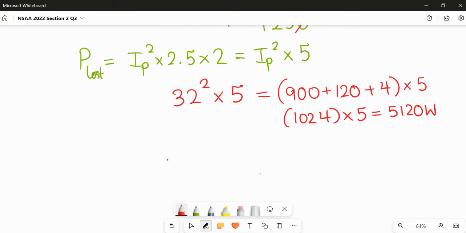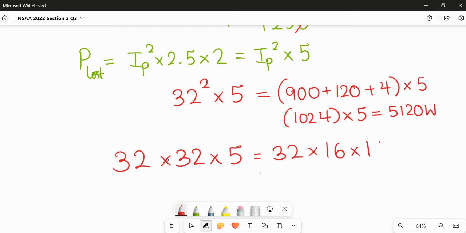It might have been easier as well for the calculation. Again, saving time is really important in the NSAA, so if you can find easier ways to do the arithmetic, it might have been easier to do 32 times 32 times 5. So 32 times 5 is 160. So we'd have 32 times 16 times 10.